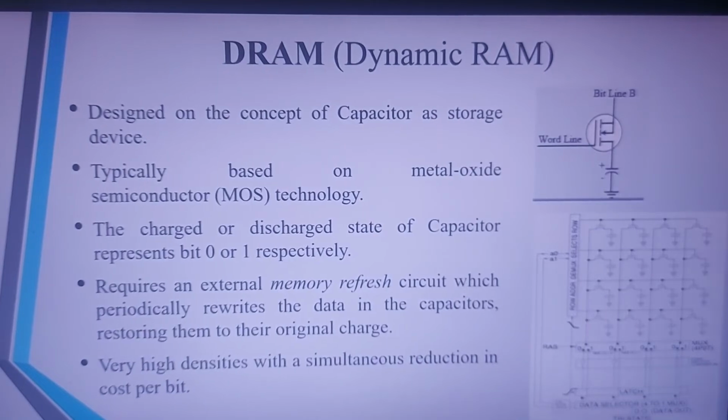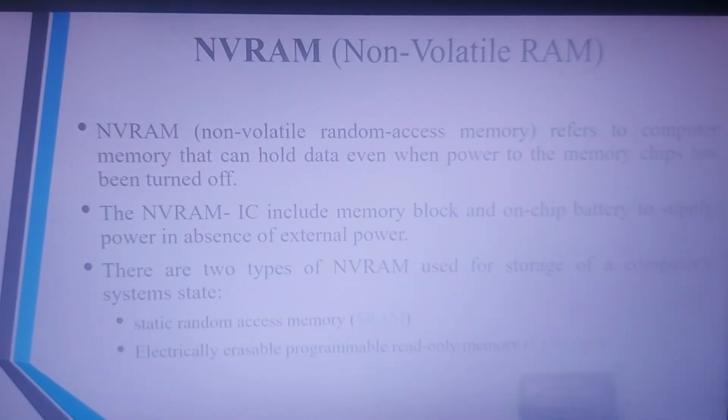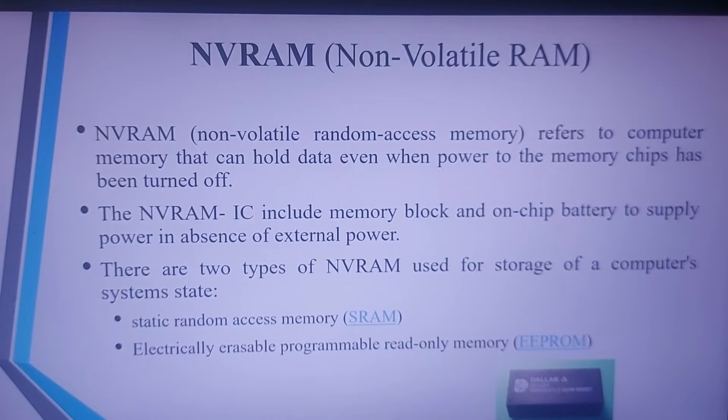Other than this, we have another type of memory in RAM itself, that is non-volatile RAM. In the previous two types, SRAM and DRAM, in both cases the data stored in the RAM will be lost on reset or power off. If you switch off the power or if the system is reset, then whatever data is stored in such RAMs will be lost.